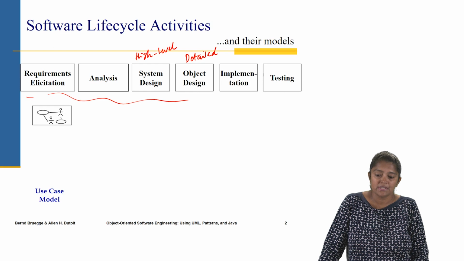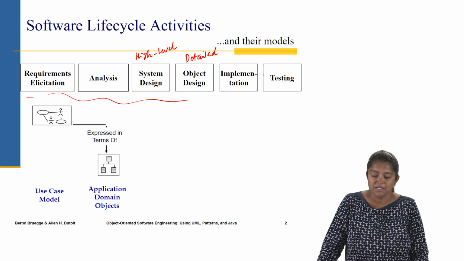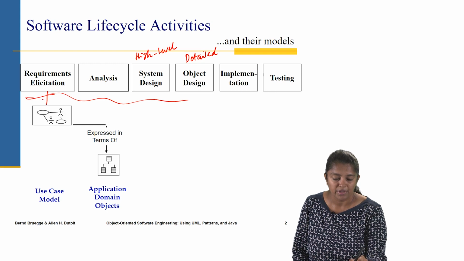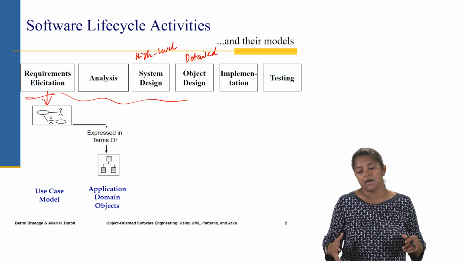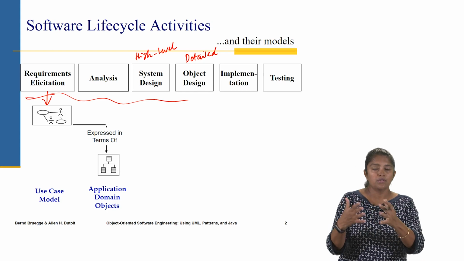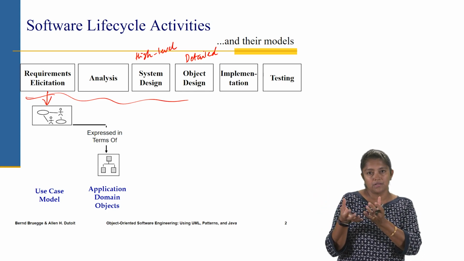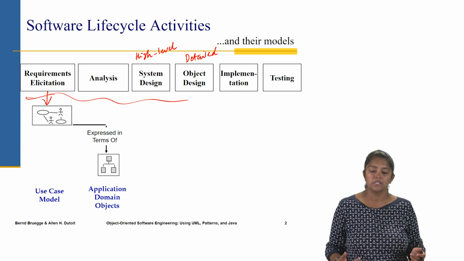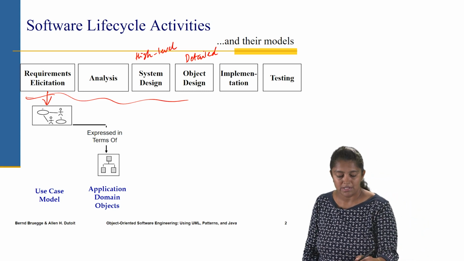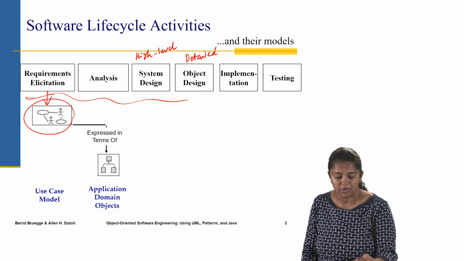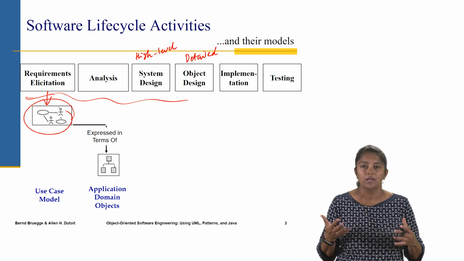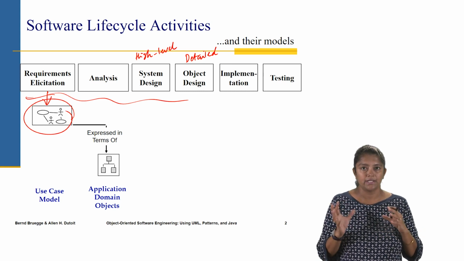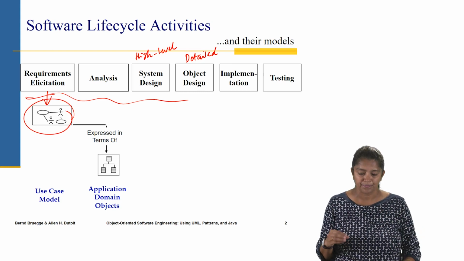Now typically during the requirements elicitation phase, all of the information is gathered, so then we can begin to do modeling and begin to design the system. The requirements help us in coming up with what's called a use case model. This is where we are thinking of the functionality and the interaction of the different functions.